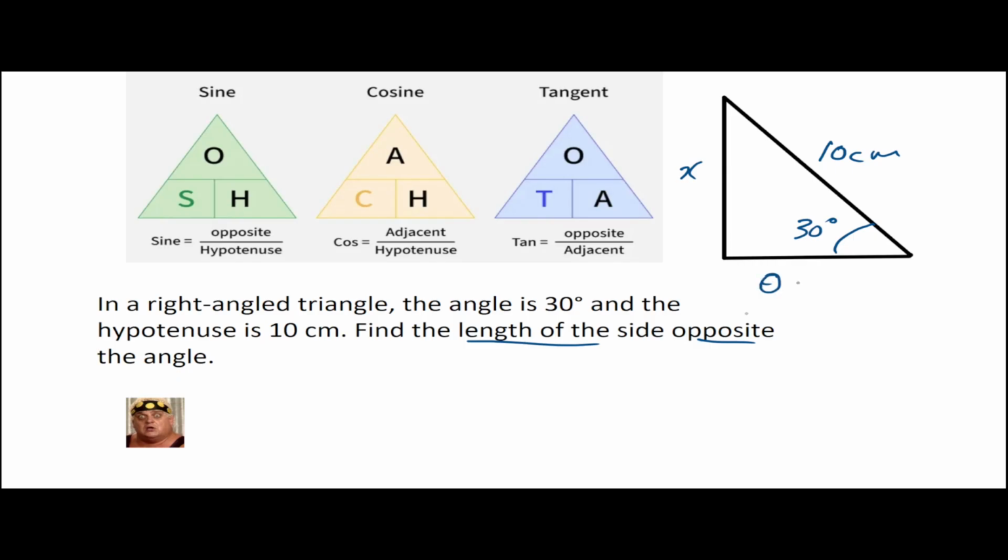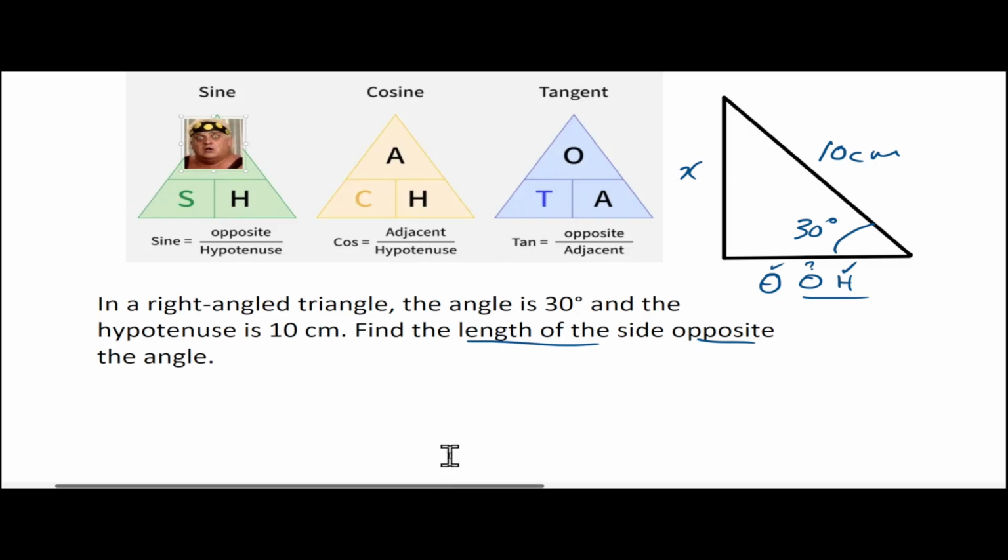We've got theta, we're looking for the opposite, we've got the hypotenuse. Okay, we don't know what that is. So O and H belong to what? Well, O and H belong to sine, and we want to find the opposite, so we're going to cover up the opposite. So the opposite is going to be equal to sine theta times the hypotenuse.